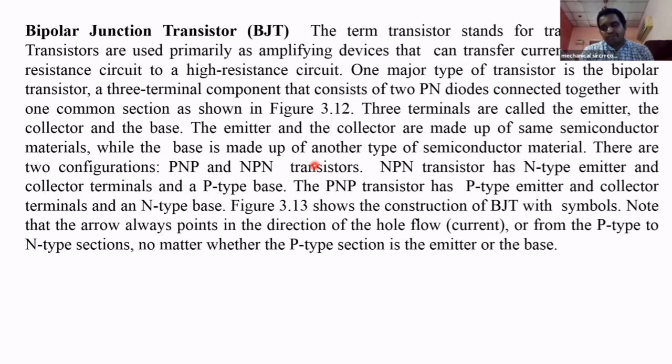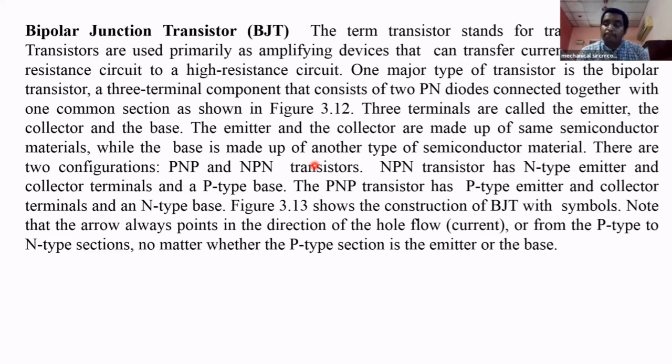One of the transistors used in a general manner is the BJT, bipolar junction transistor. Why bipolar? Here the current is carried by both holes and electrons. Both electrons and holes influence the flow of current.